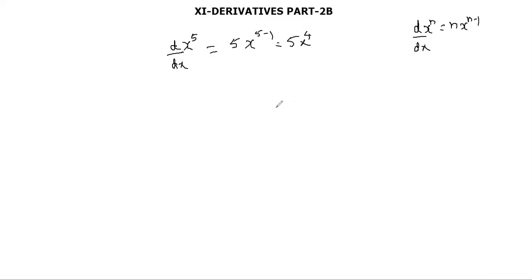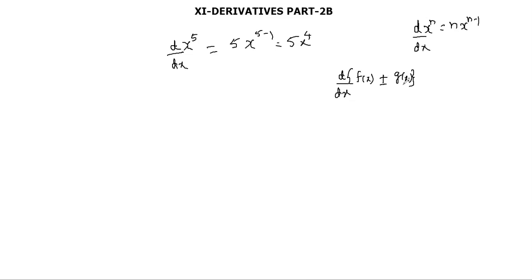But what will you do if you have two functions in addition? So we have to see the properties of derivative: d by dx of two functions, if they are in addition or subtraction, f x plus another function g x, and you have to find the derivative of this.